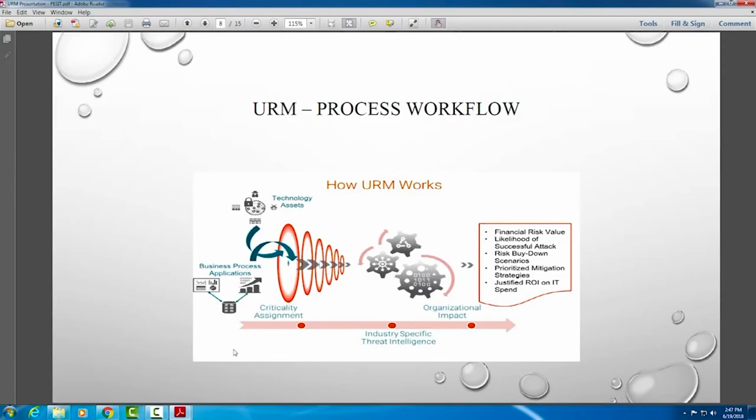So overall, if you see here, you can relate this to the DRM. Say all your assets are there, your technology assets, and then your business processes and applications are available, and the criticality assignment, that is what I told you about, the different attributes that you assign to the particular information asset.